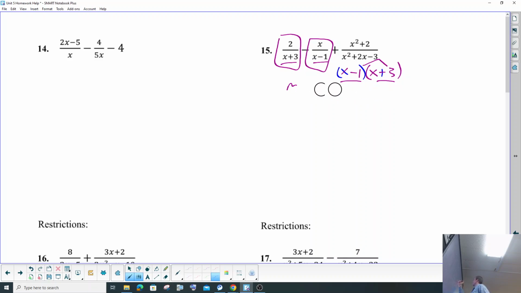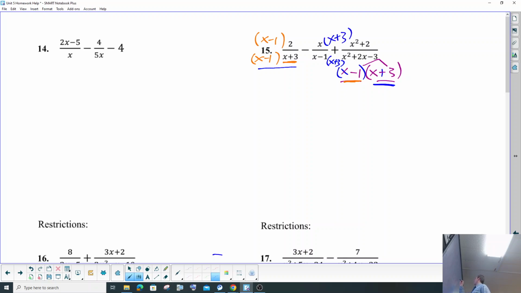To get a common denominator, this one, x plus 3, is missing the x minus 1. So we multiply it by x minus 1 to the top and bottom. And then this one, x minus 1, is missing the x plus 3. So it gets an x plus 3 to the top and bottom. Cool.